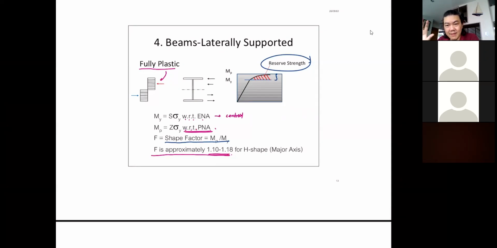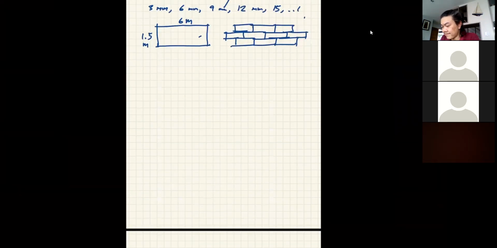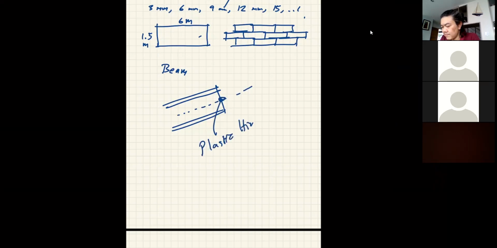But when the beam reaches that capacity, your section this time will form a plastic hinge, and the stress distribution we use will not be the elastic one, it will be the plastic one, okay?